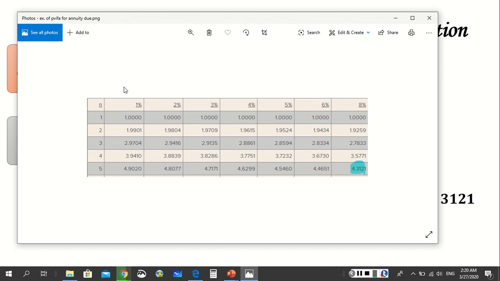If you go to the table for present value interest factor for annuity due over 5 years and at 8%, we will get this factor, which equals 4.3121.